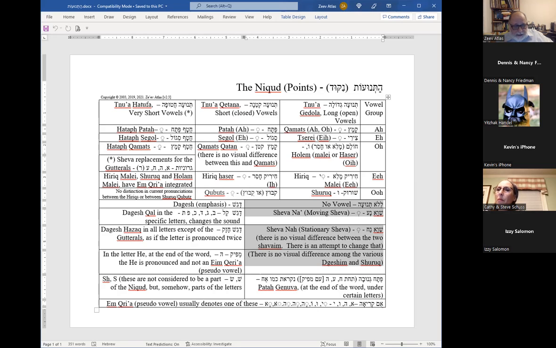Here we have something that, again, English doesn't have. If the shva is in the end of the syllable, then it's considered shva nach. If it is in the beginning of the syllable, for example here, tnu'a, you see, it's in the beginning of the syllable, it is considered shva na.